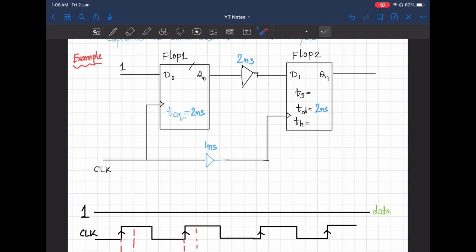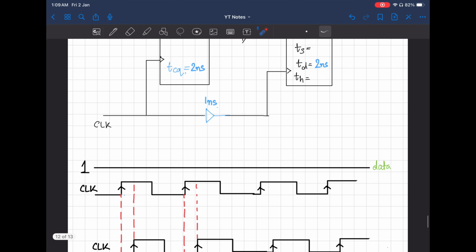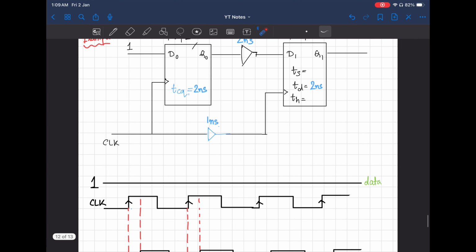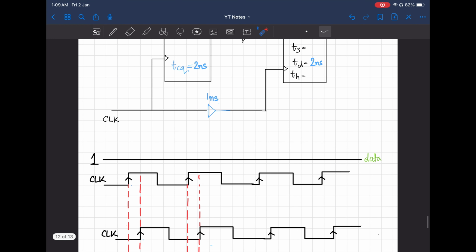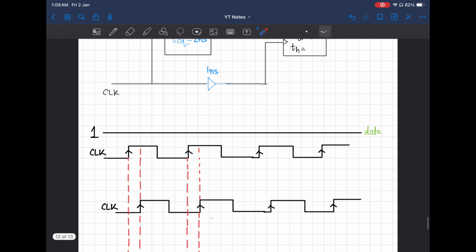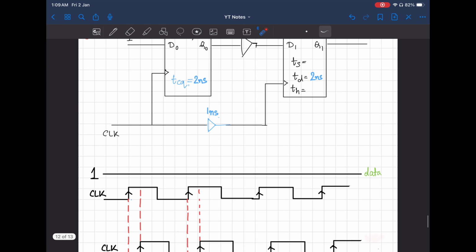Okay, so you can very easily understand, this is the clock we are accepting at this point, and this is the clock we are accepting at this point.